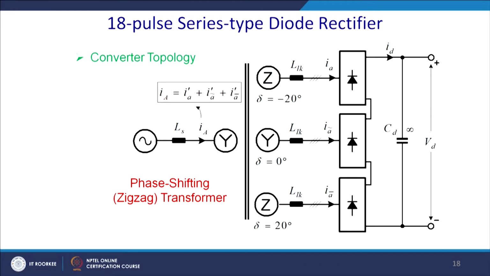So, we shall see that, and IA will have the components IA prime, IA delta, and IA bar. These are the 3 currents in the secondary, consisting of the total current, and the primary side is IA, which is star connected.